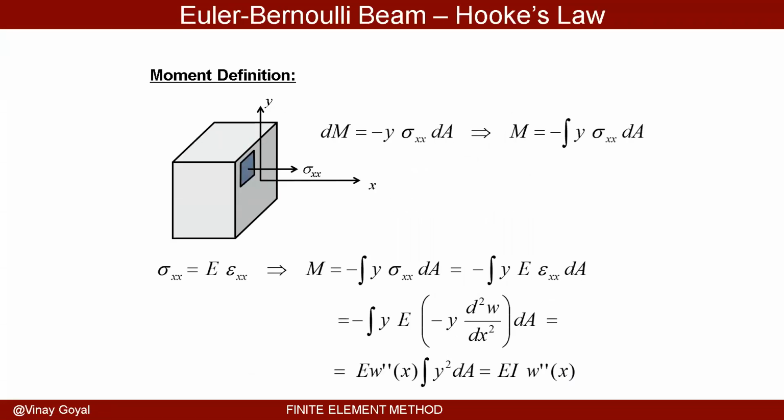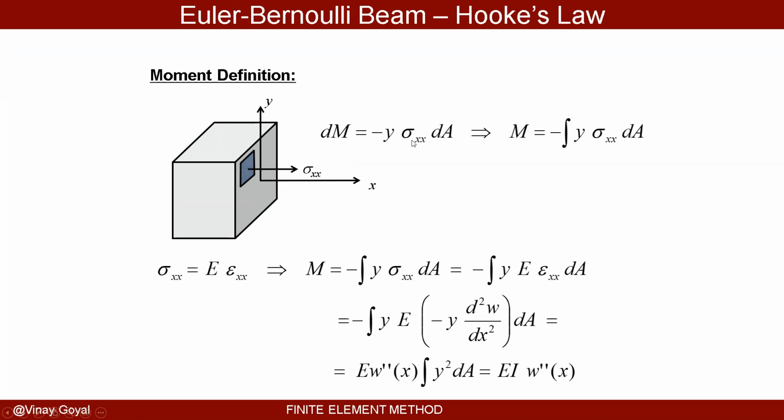We also talked about the cross section of the structure, y going up, x going outwards, to the face, the surface. Here you have the stress quantity sigma xx, which acts on a small little piece. And dM, the differential moment due to this area, which has sigma xx applied to it, will be sigma xx times y, the distance, the lever arm, and is negative to maintain a positive moment about the x direction.